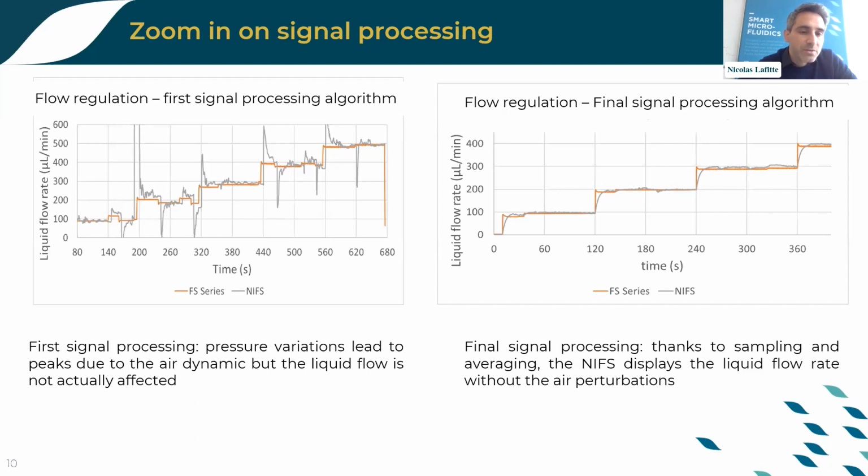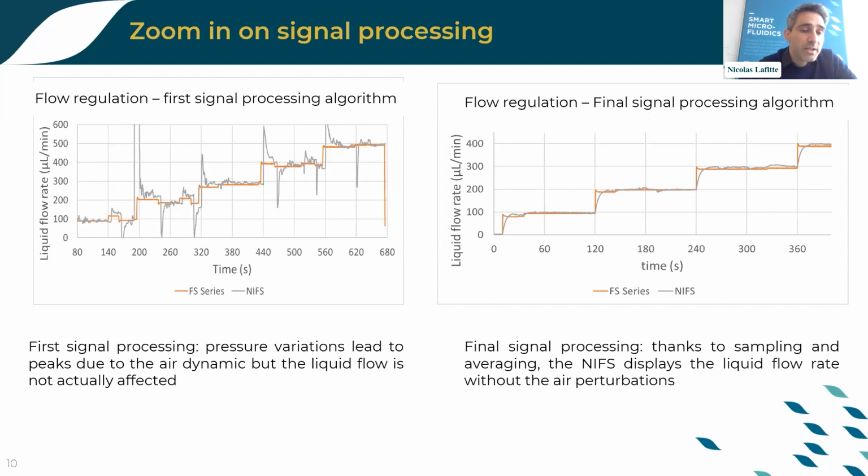device value. At the beginning, when we take only the raw data, you can see that the air flow rate is much more disturbed by the pressure of the pressure controller. This doesn't affect the liquid flow rate because the compressibility is not the same for the liquid and the air.